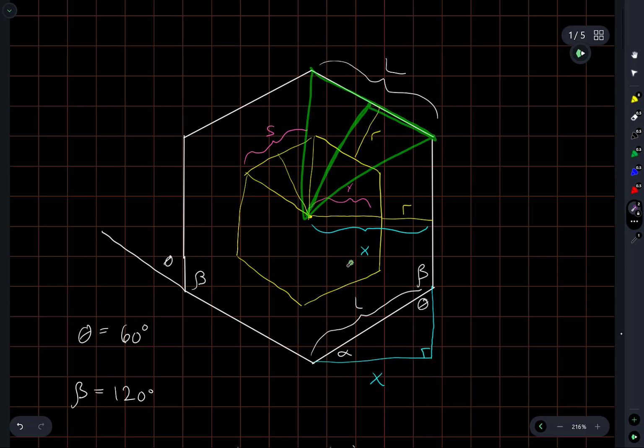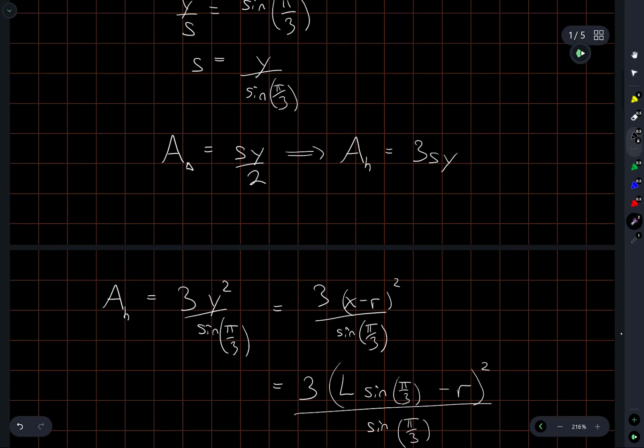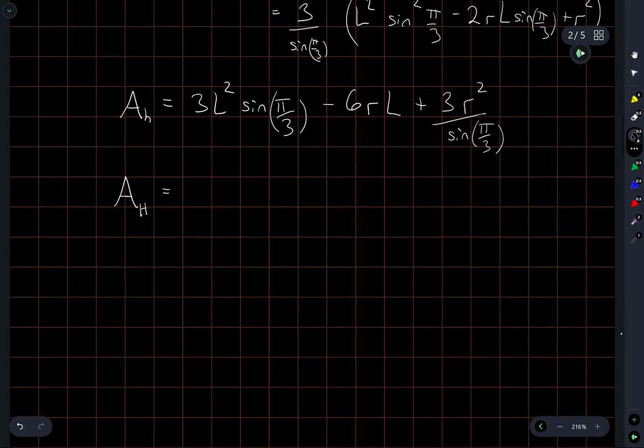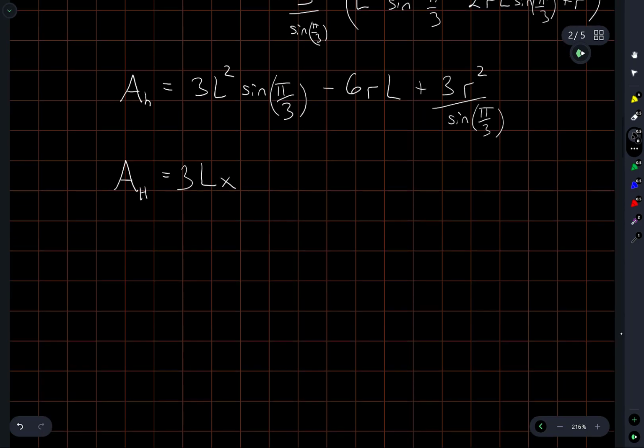The height is x, right? So the area of the large one is going to be the base times the height over 2 times 6. So we'll just replace that with a 3. And so the probability of landing inside is going to be the ratio of these two things.